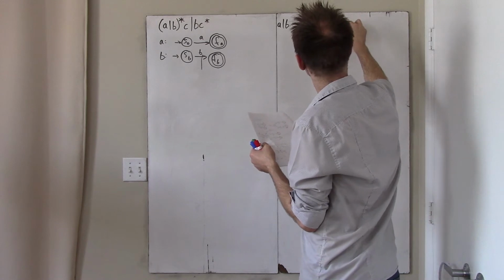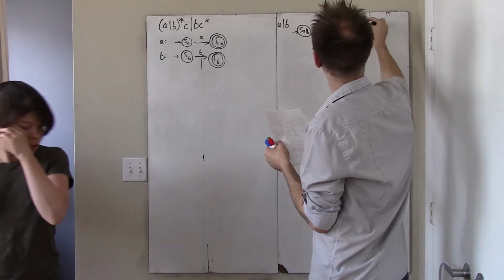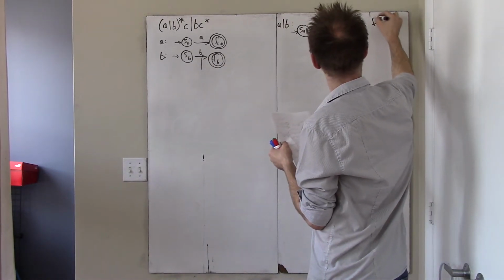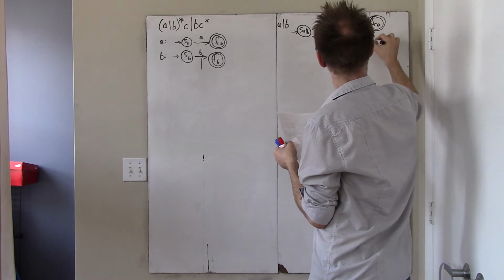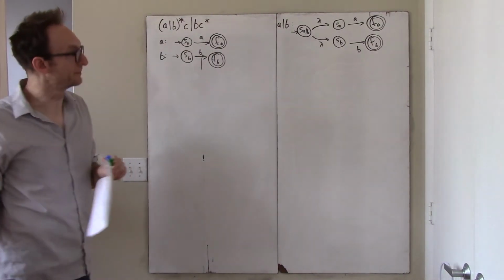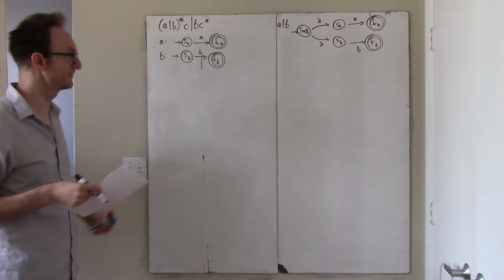So just mindlessly following this algorithm, we see that this is the A or B machine. Okay, I have an A machine, a B machine, and an A or B machine.